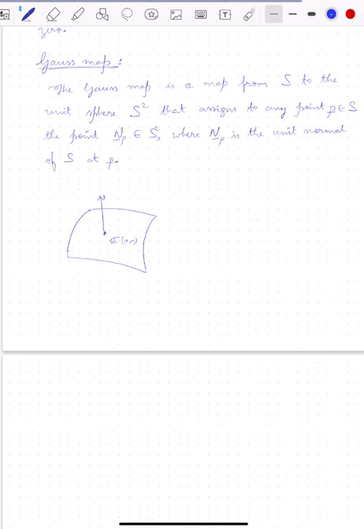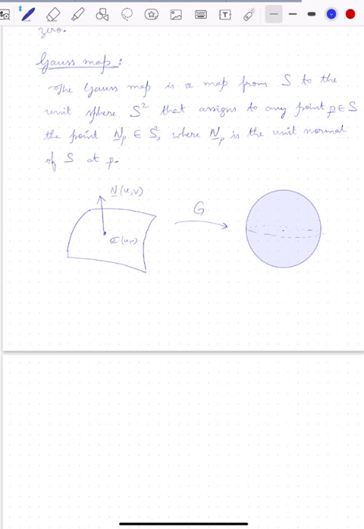So we have this normal n, and of course it's a function of uv. And there is this map to a sphere. It is the largest circle, a great circle here.